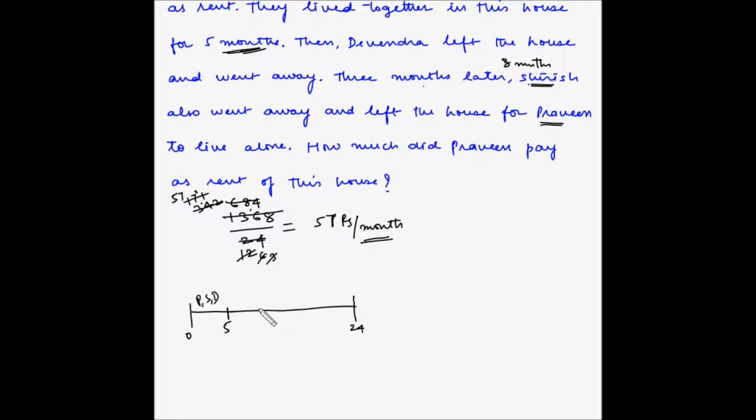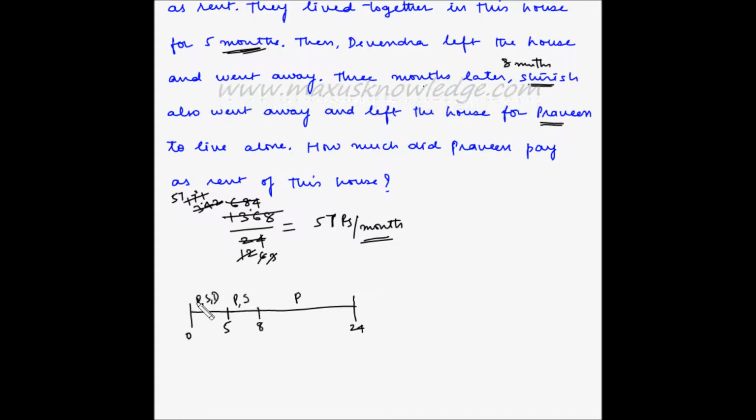From 5 months to 8 months, since Devendra left the house on the 5th month, from 5th to 8th month, Praveen and Shirish lived in the house. And from 8th month onwards, or rather 9th month onwards, only Praveen lived in the house.